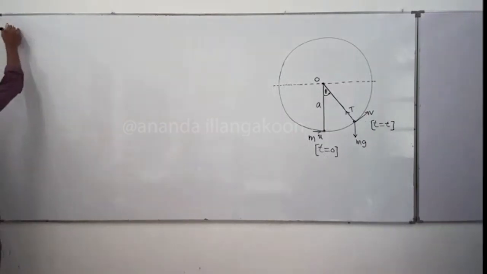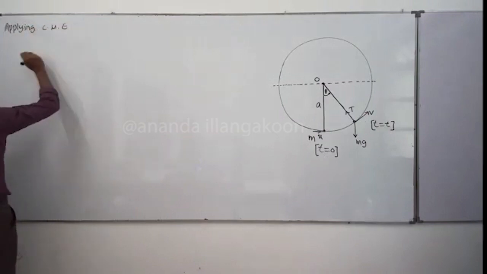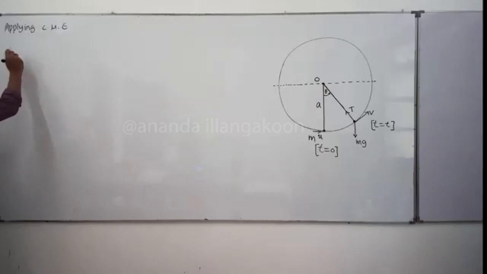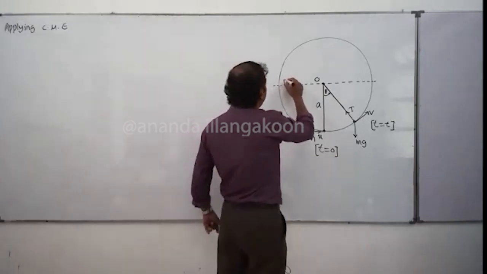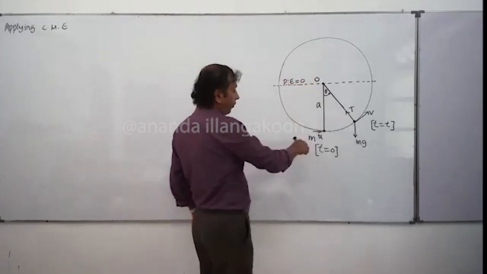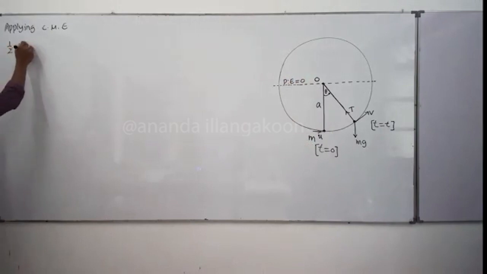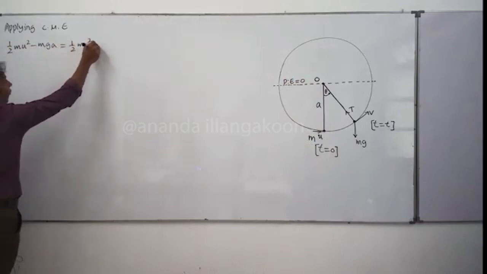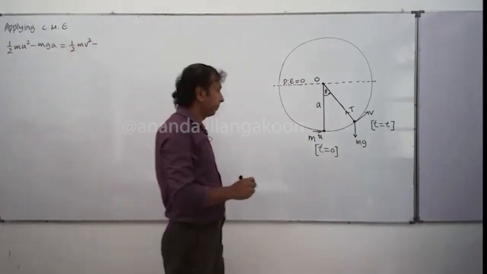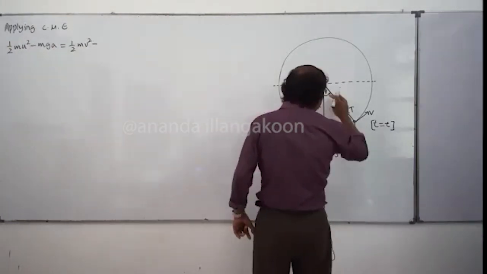Applying conservation of mechanical energy, I'll take the potential energy zero level at this level. Here, half mu squared minus mga is equal to half mv squared. This height we need, this depth we need.